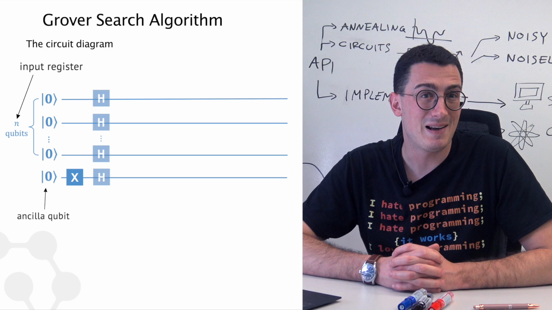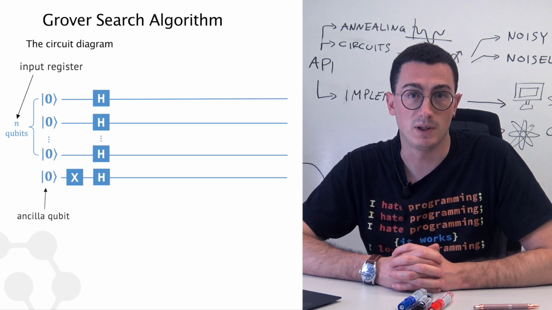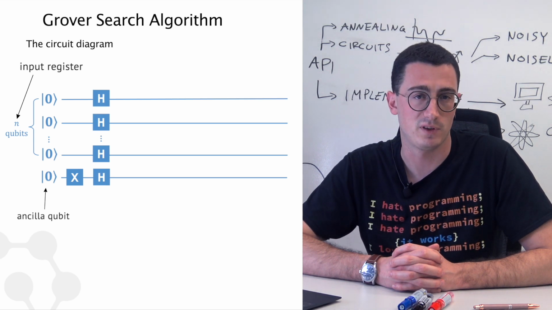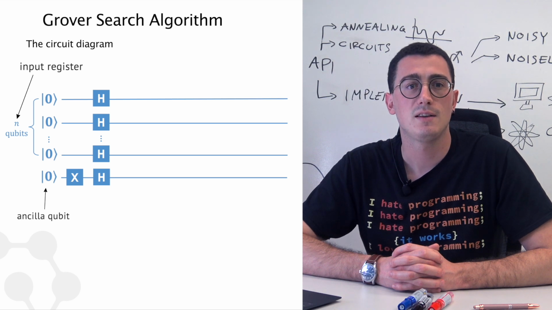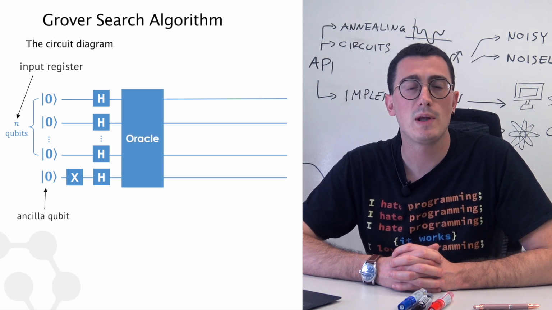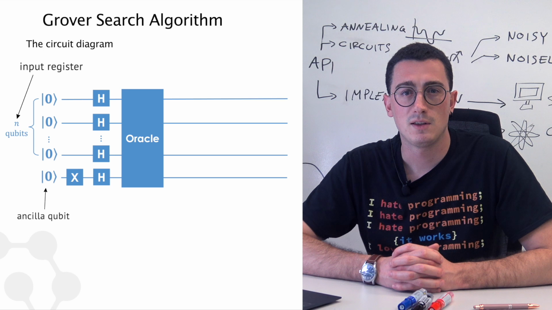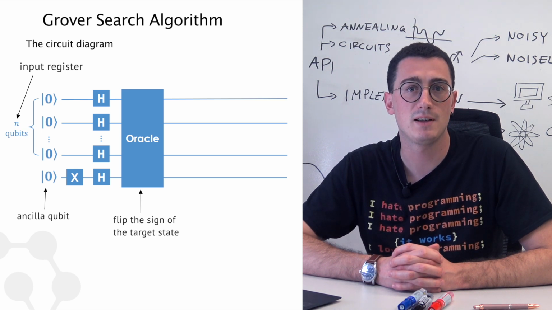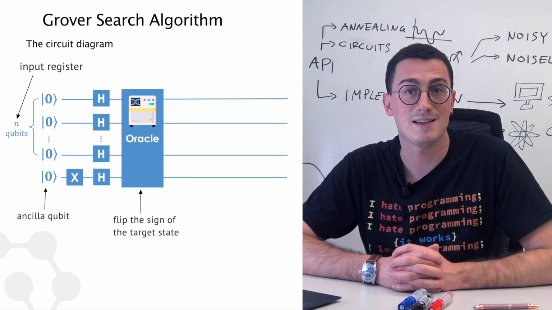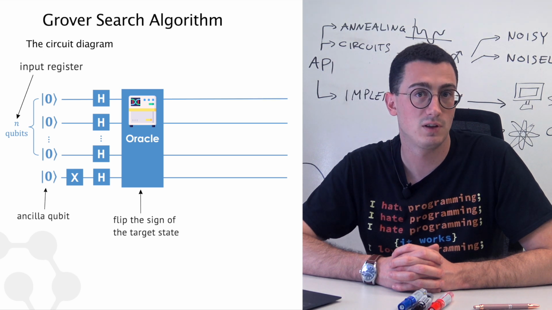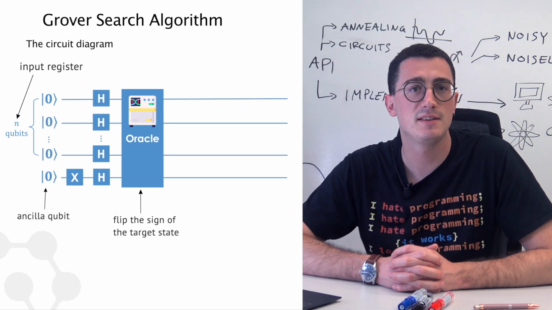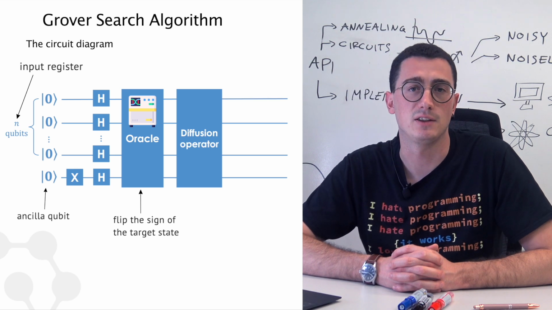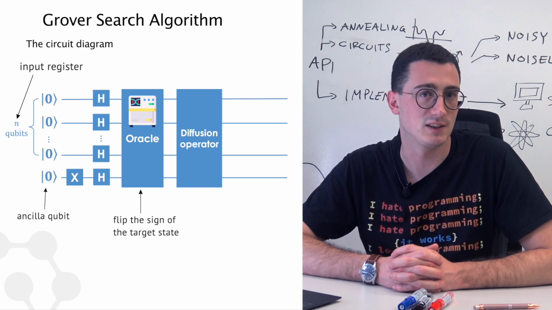Second step, we apply Hadamards to all the qubits, preparing the maximally superposed state. Then, at this point, we apply the oracle operation. The task of the oracle is to mark the target state by flipping its amplitude. The oracle in our example can be seen as the DNA machine, which is able to detect the guilty person in the room. Then we apply the so-called diffusion operator, which is defined as you see on the screen.